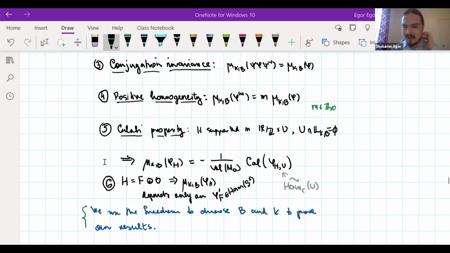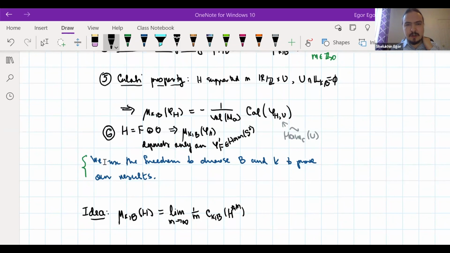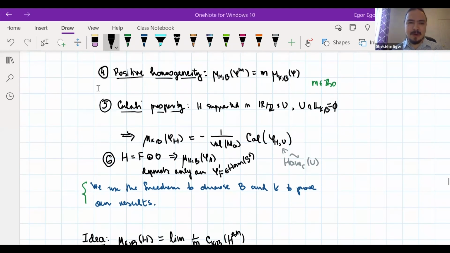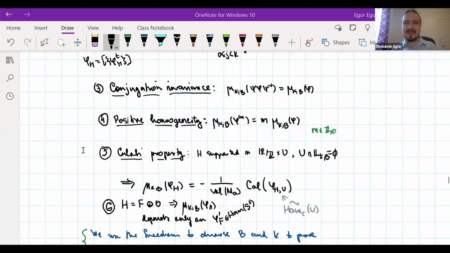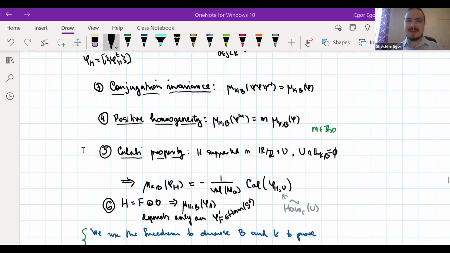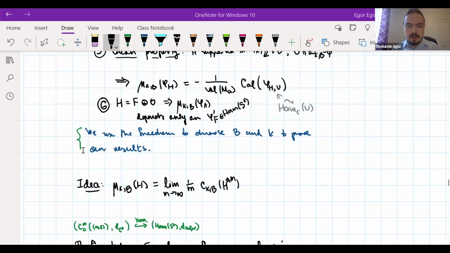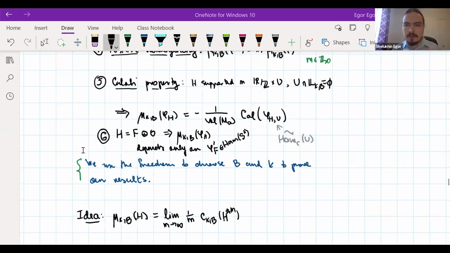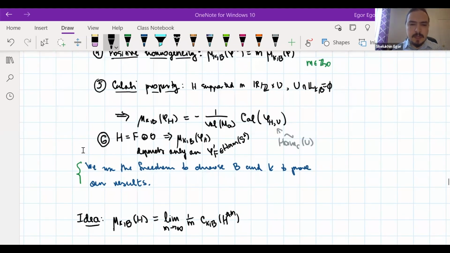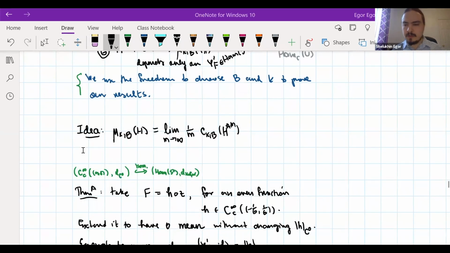But I might comment later that for C0 results, it is the CKB itself that is more useful. CKB does not have properties 3 and 4, but it has some other properties that are more useful for C0 questions.